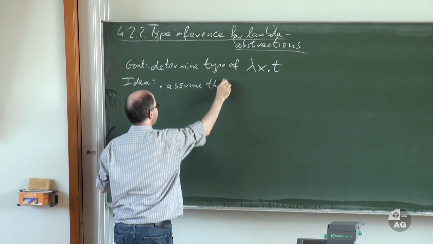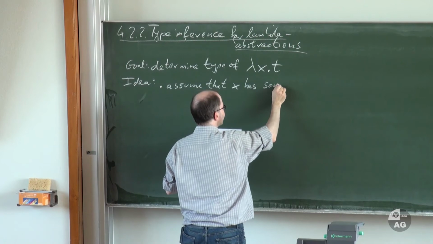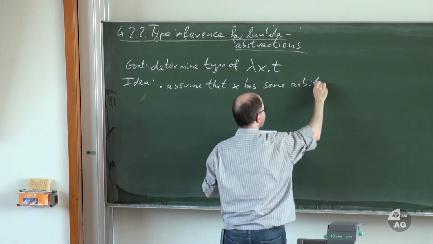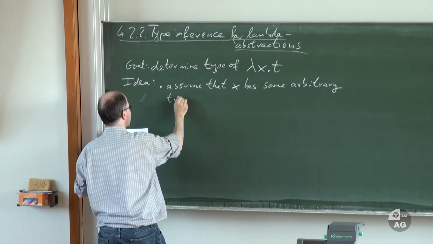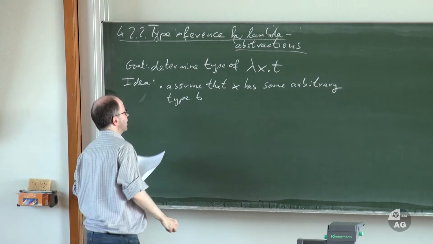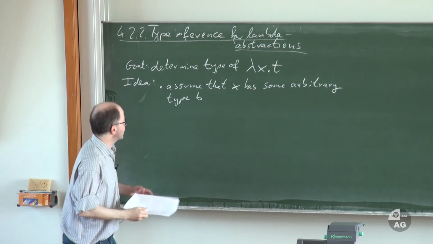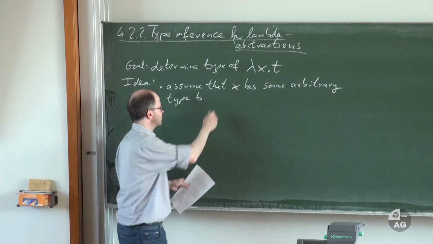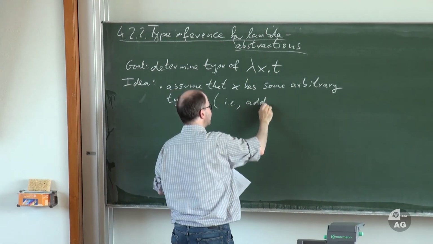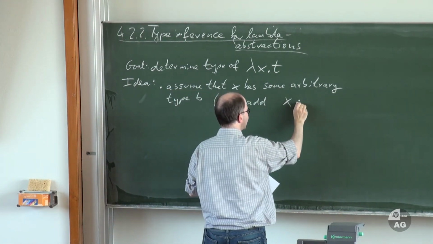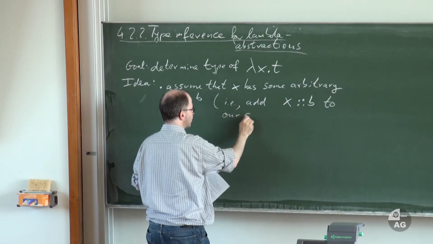So the idea is the following. Assume that x has some arbitrary type B. And assuming this is not so difficult because we have type assumptions. So we can simply add the assumption x has the type B to our current type assumption.